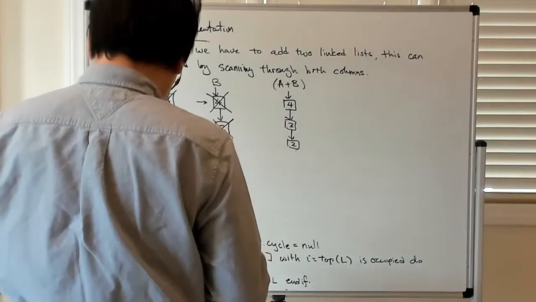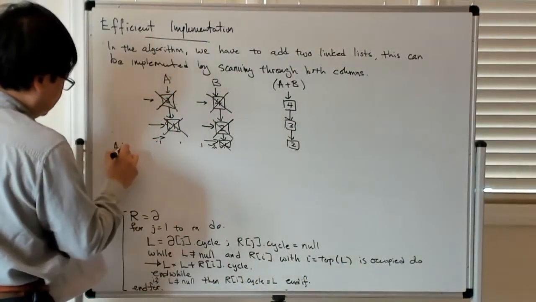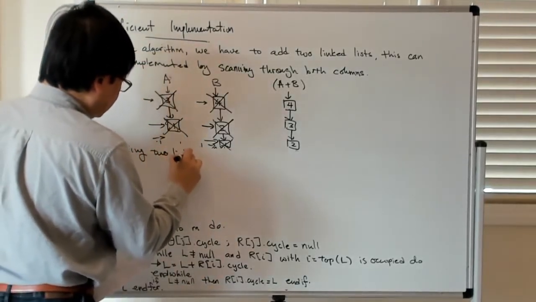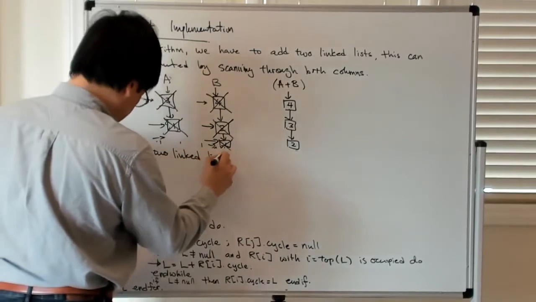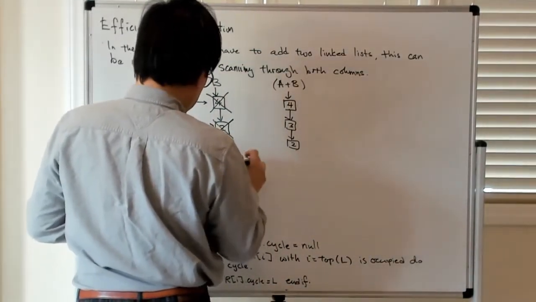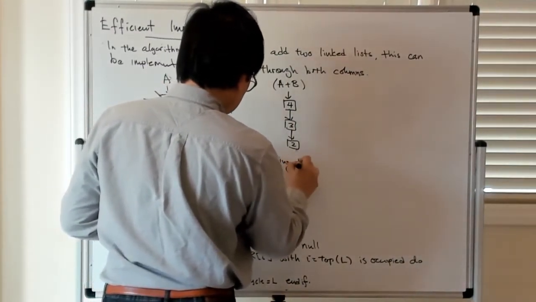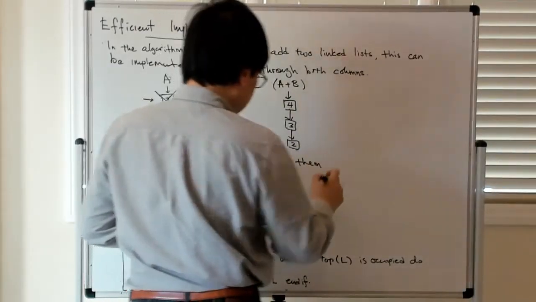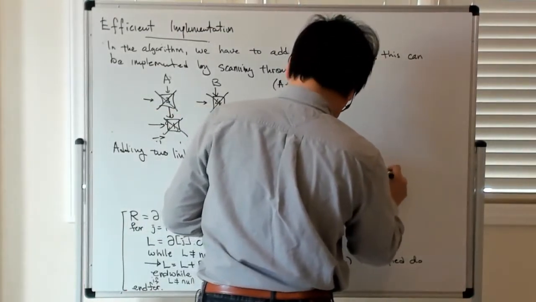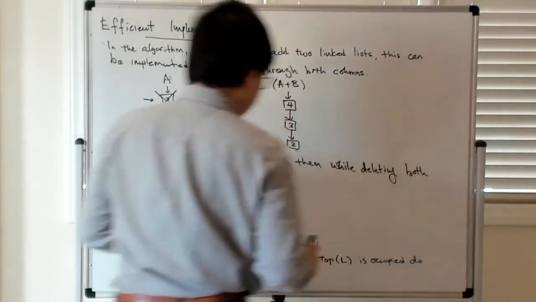So let me just finish up this discussion. Adding these two linked lists is done by merging them while deleting both copies of every duplicated simplex.